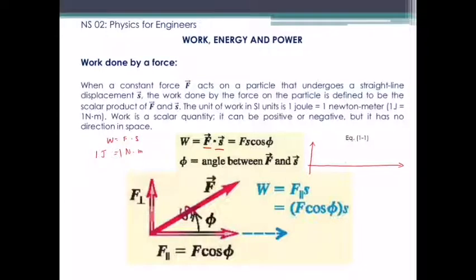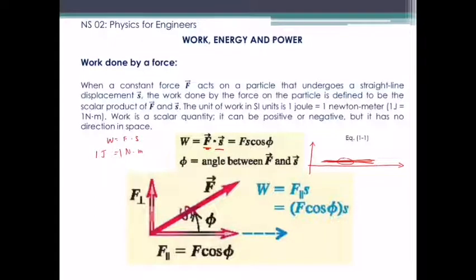And then your movement, like for example, you have an object, your movement is along x, so it could be to the right or to the left. So your displacement is along x. So it should be that your F here is parallel to the direction of the displacement, left or right. So that if your F is directed at an angle, you will simply have to get the component of F that is parallel to the direction of your displacement.